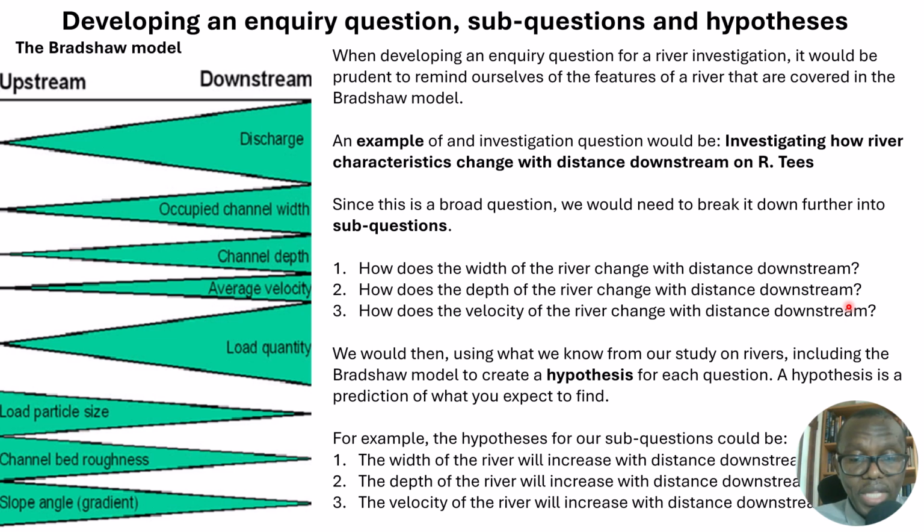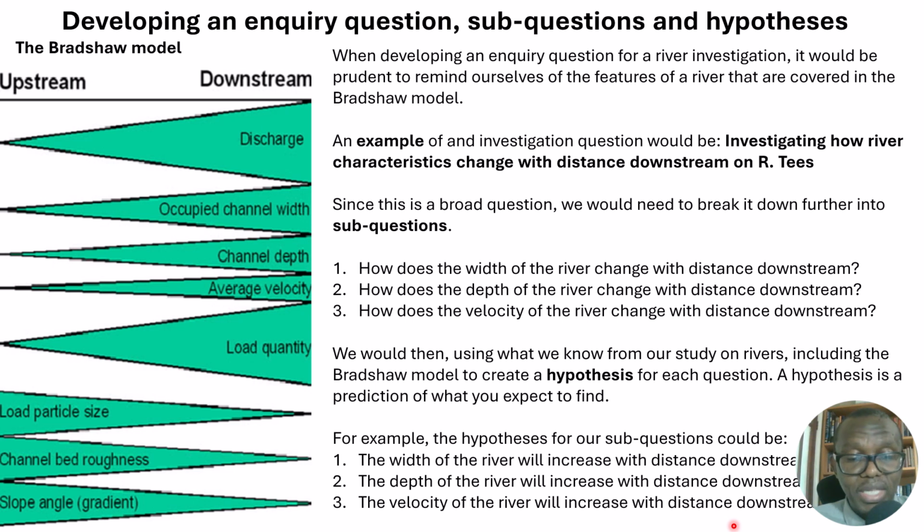After that, we would then, using what we know from our study on rivers, including the Bradshaw model, create a hypothesis for each of the questions. And the hypothesis is a prediction of what we will expect to find. And for our first sub-question, for example, the hypothesis we could come up with is that the width of the river will increase with distance downstream.